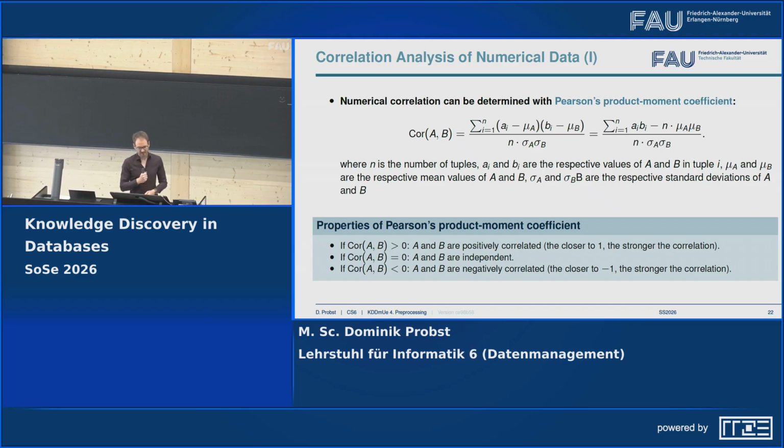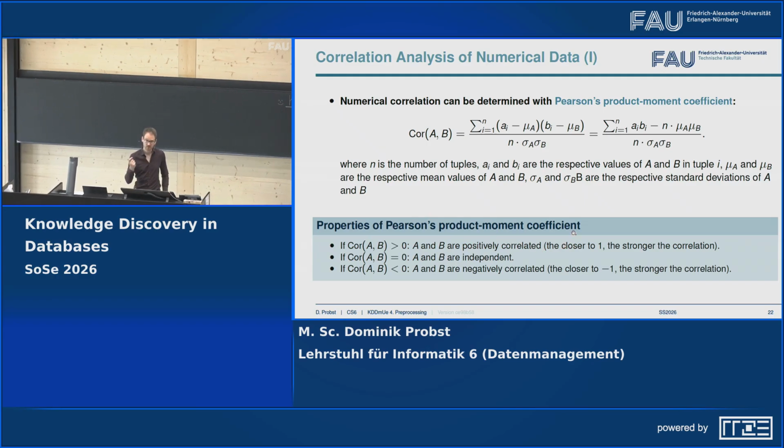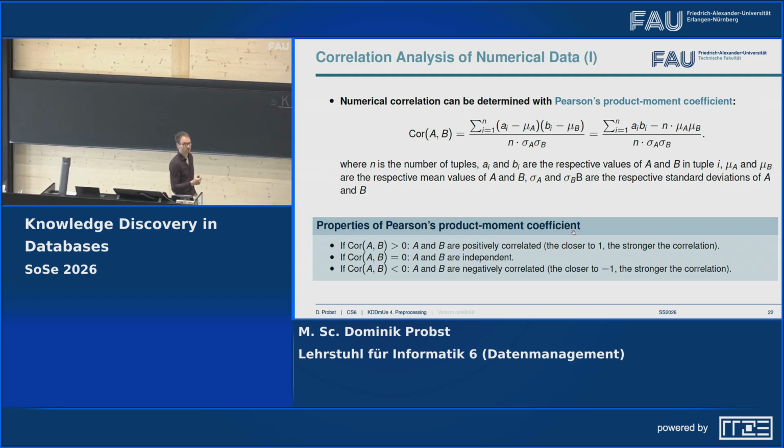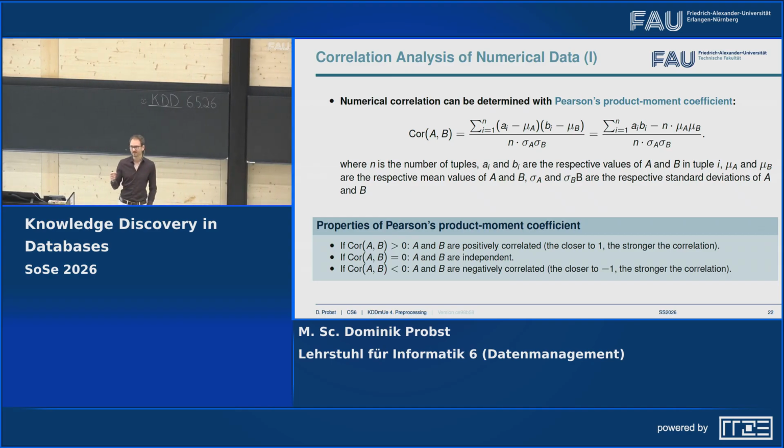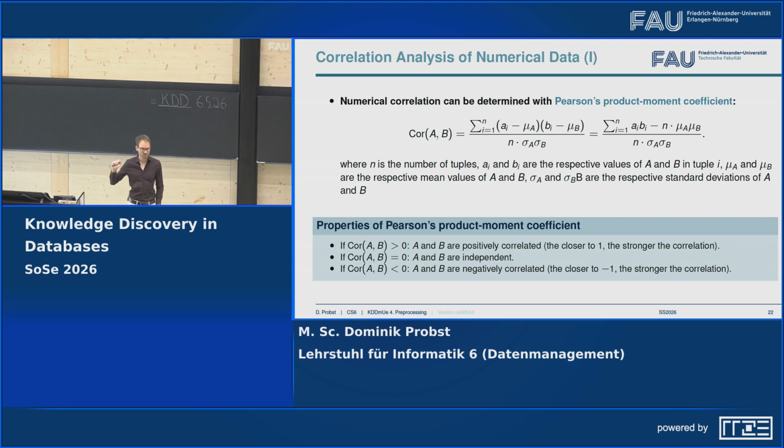If we calculate something like that, we end up with a value above, at, or below 0. If we are above 0, we are positively correlated. The closer we are to 1, the stronger the correlation is. So if we are at 0.001, we have some correlation, but it's not really a strong correlation. It's nearly independent.